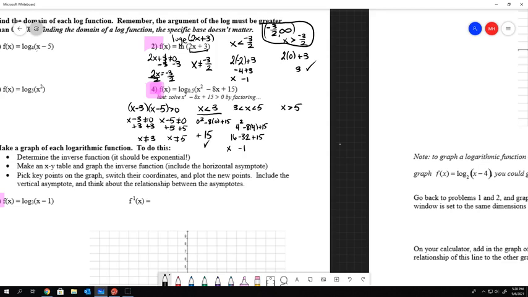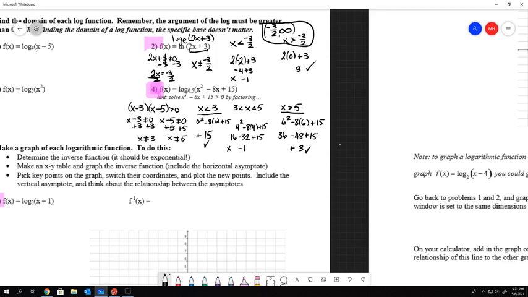And now if we are greater than 5, 6 squared minus 8 times 6 plus 15. That's 36 minus 48 plus 15. 36 minus 48 is negative 12. And negative 12 plus 15 is positive 3. So once again, positive number, which means it does work.